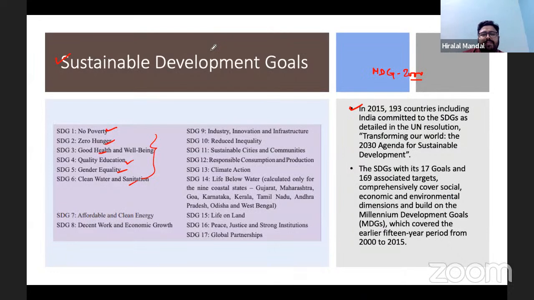See, Archana, you don't need to remember these things, because it is not asked on the basis of what is sustainable development goal 9 or what is sustainable development goal 10. You don't expect that kind of question.